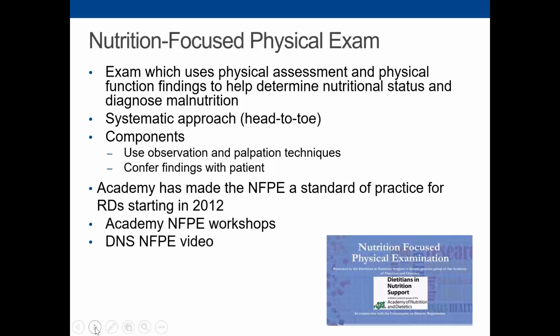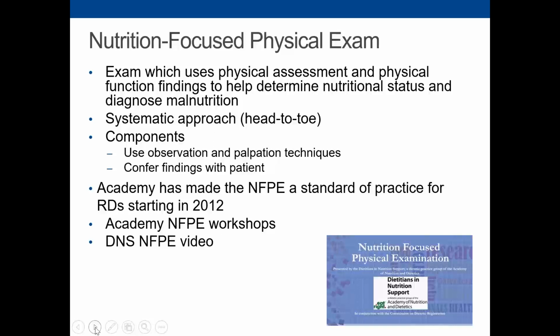It does involve both observation and palpation techniques. And in doing your physical exam, you are also talking with the patient, so you can confer findings with the patient. You can ask the patient, is this something you've demonstrated or displayed all your life, or is it something that you've noticed over time?